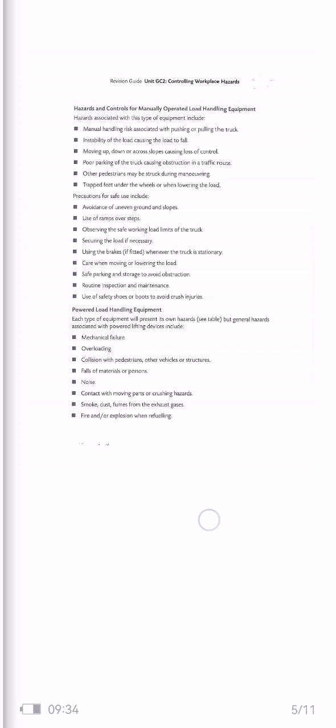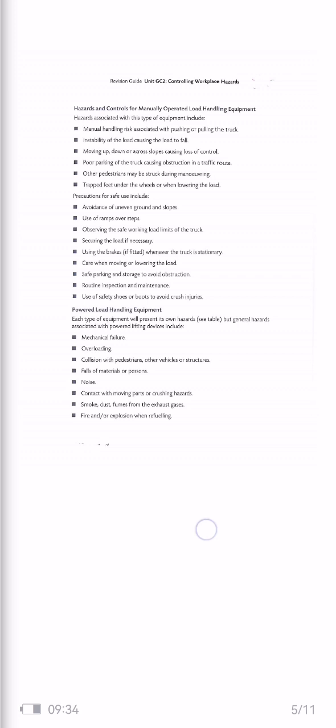Then maybe the balancing of the trolley is not that good, or the way you packed the items, it can lead to imbalance, so the items might fall down. These are simple measures you should take into consideration when you are packing a trolley or using any hand equipment that helps you transport one item to another, so that you stay away from the risks. You have to be careful.